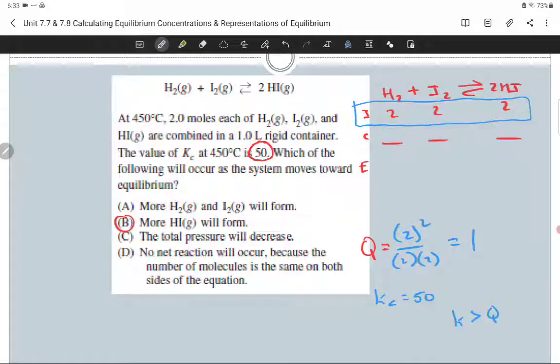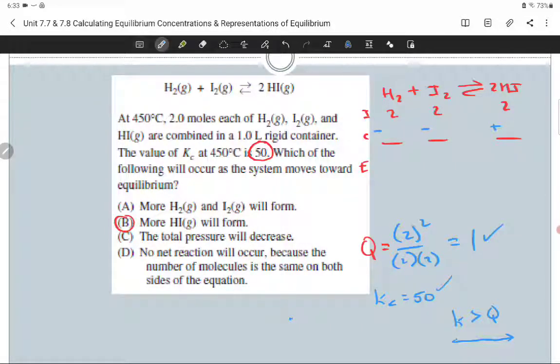This is the first you've seen it here. But if K is bigger than Q, the reaction proceeds left to right, meaning that these are going to be negatives and this is going to be a positive. We had a clue that that was going to be the case, but we didn't know for certain until we compared the Q and K values.